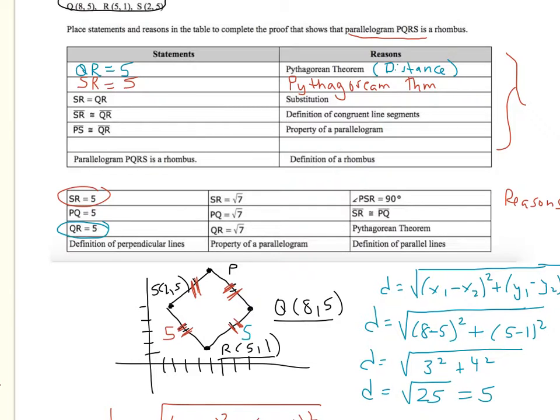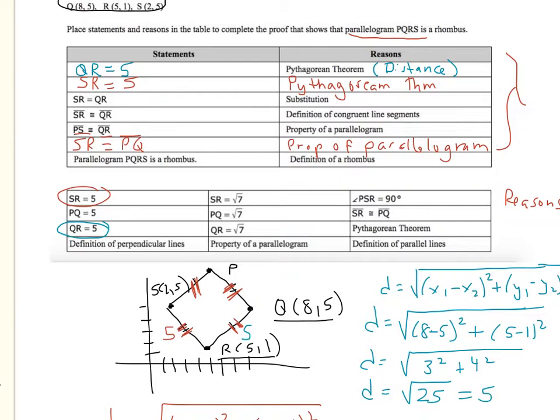And we're just saying that SR is congruent to PQ, again because opposite sides of a parallelogram are congruent, so we can just say property of a parallelogram.